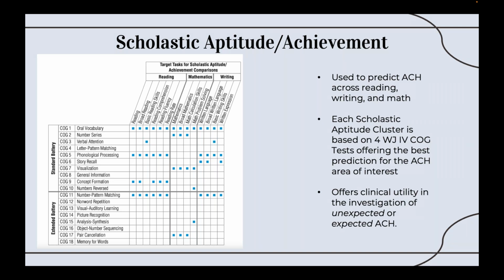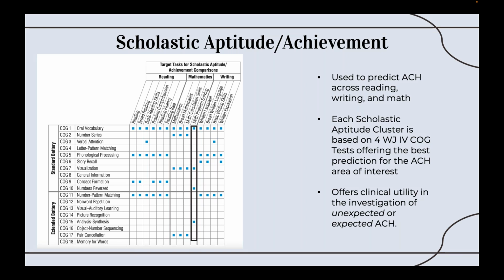Now, with these scholastic aptitude comparisons, each of these scholastic aptitude clusters is comprised of 4 tests. And the 4 tests that are used from the WJ4 cog to predict achievement were selected because they offer the best prediction of how a student is expected to do in the achievement area of interest. So let me give you an example of this.